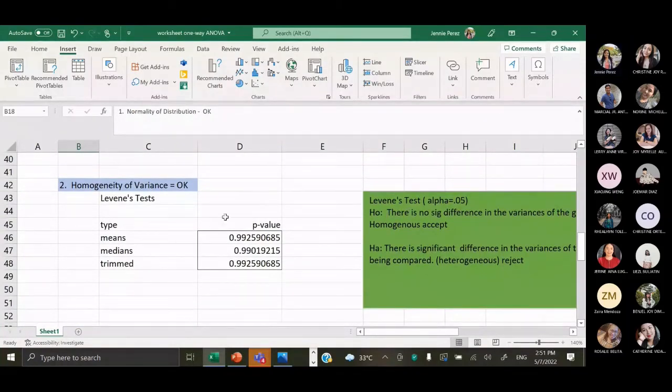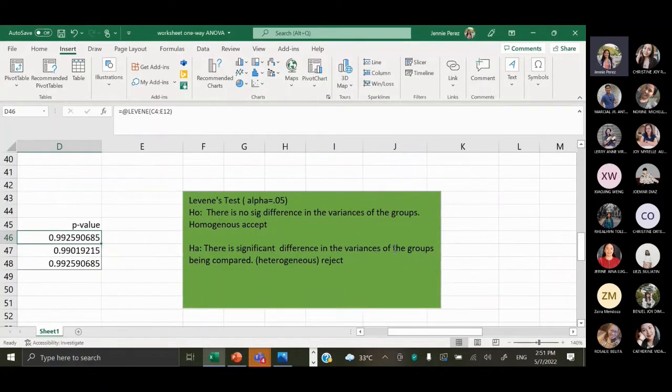The Levene's test says that the p-value for the variances of all the means of these three groups is 0.99. So in the Levene's test, it's also hypothesis testing. The null hypothesis is set as there is no significant difference in the variances of the groups, meaning to say homogeneous. And since the p-value of our Levene's test is 0.99, it is higher than the alpha 0.05.